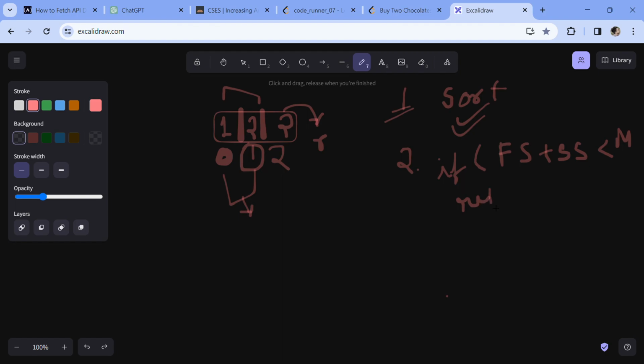so we have to simply return that, we have to subtract the summation of the two smallest numbers, the first smallest and the second smallest, from the money.